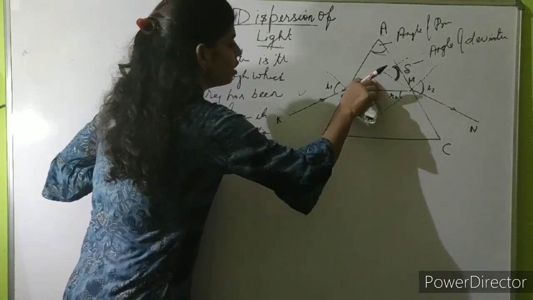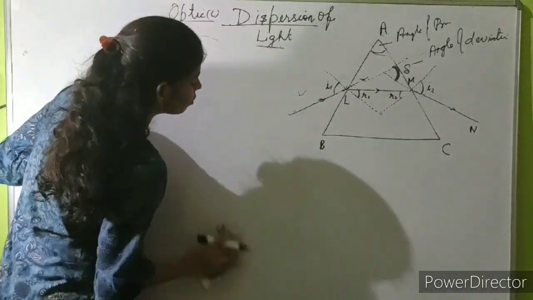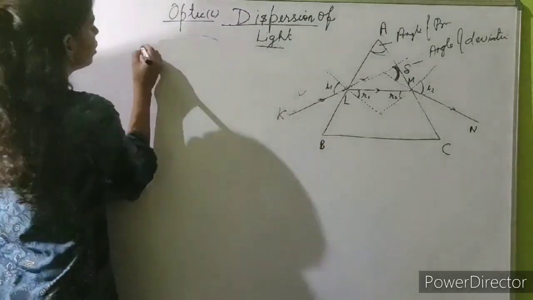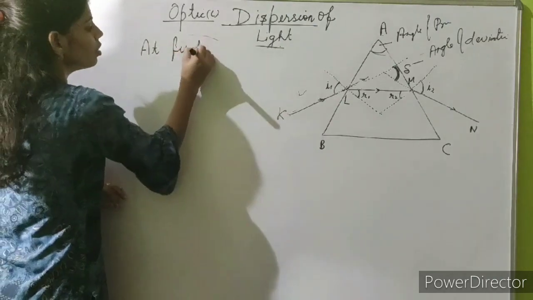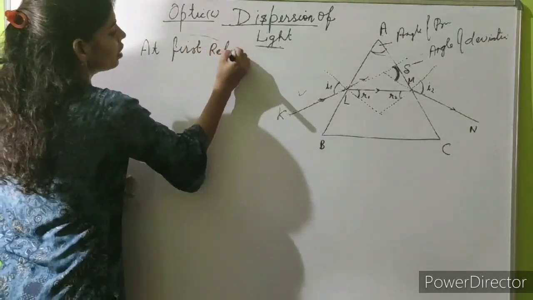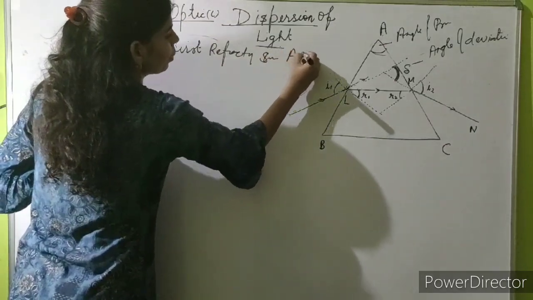So I am deriving the angle of deviation. At the first surface, we will start our derivation like this. At first refracting surface, and that is AB.